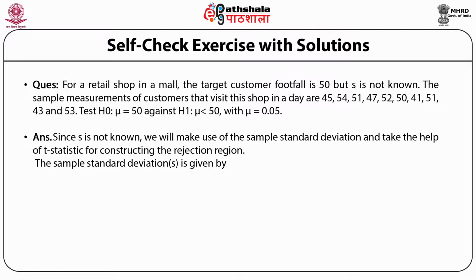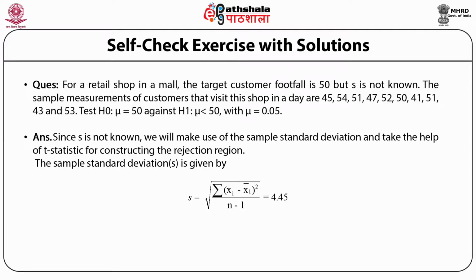In this sample we see on the first day 45 people visiting this shop, next day 54 people, and like that. So we will take the standard deviation not of a population because it is not available, rather we are taking the standard deviation of a sample.